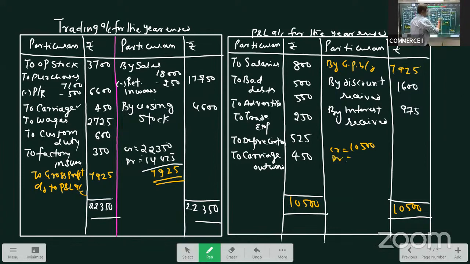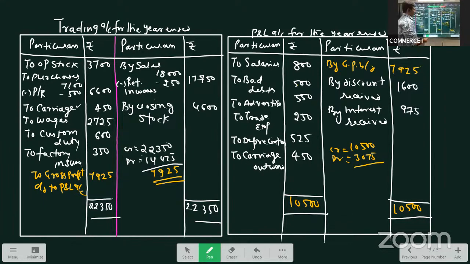Then take on the debit side, what do we have? 8 plus 5, 13, 18, 19, 21, 26, 30, 3075. What is the total? 3075. Am I right?